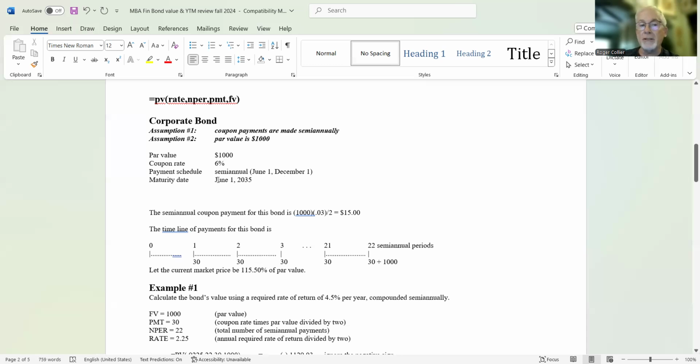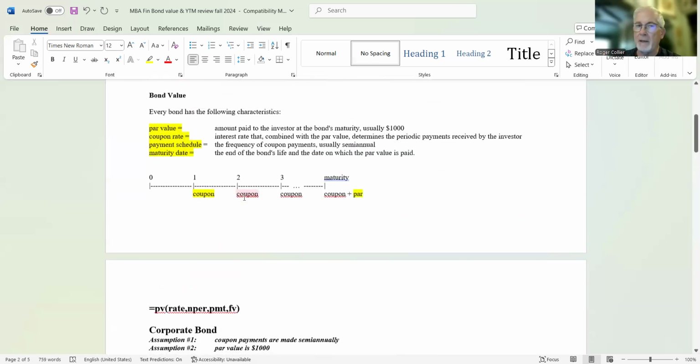We also notice that the maturity is in June, not December. So in this year, 2024, the current year, there's one payment remaining, isn't there? December. June has already passed. December remains.